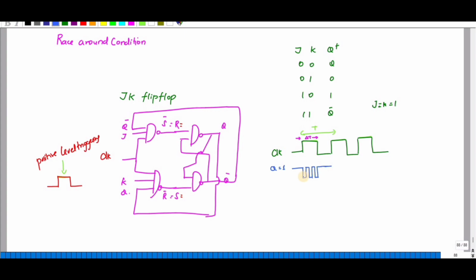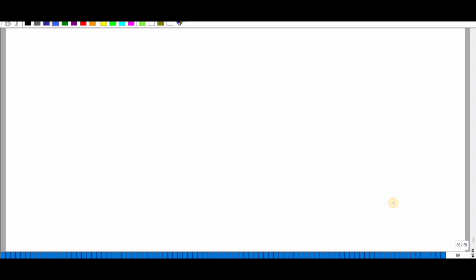This condition is called the race around condition. I'll tell you how to avoid this race around condition.